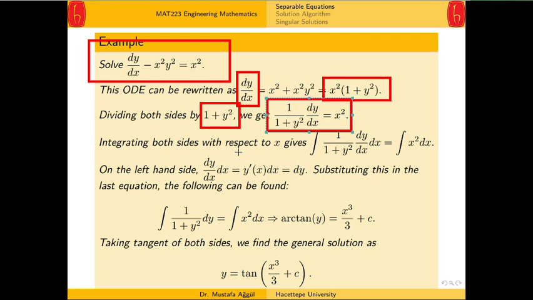Okay, now we need to integrate both sides with respect to x. So when we do that, we will have this integration here. This will be the integral of 1 over 1 plus y squared times dy dx, dx, equals the integral of x squared dx.